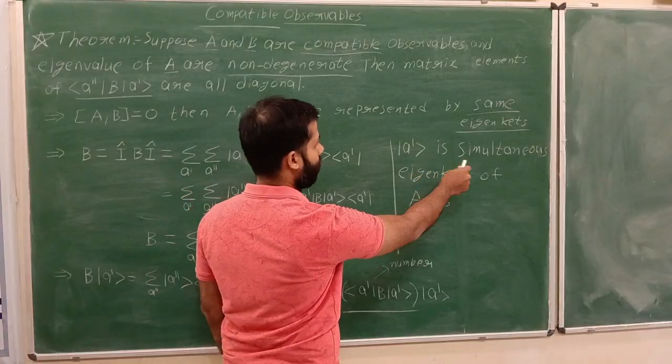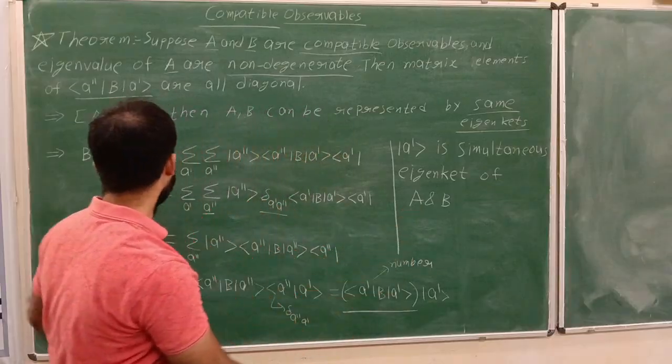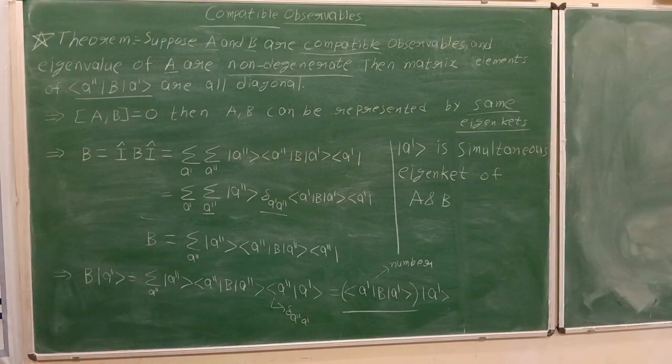So these are called simultaneous eigenkets of A and B, provided that they are compatible with each other.